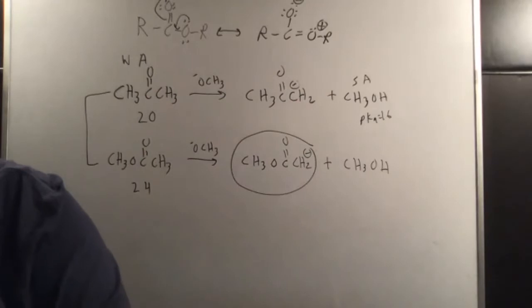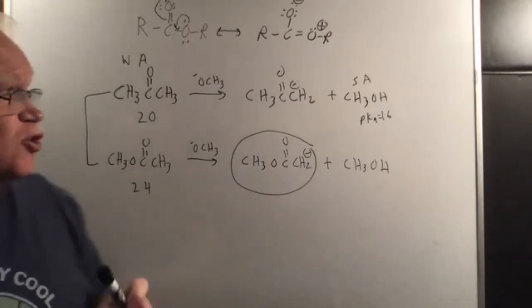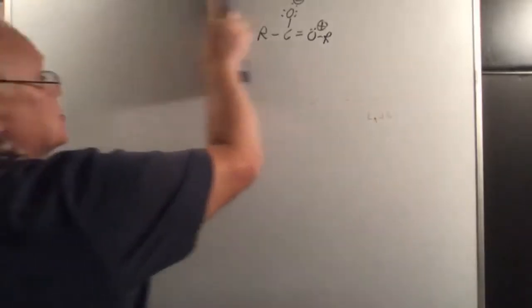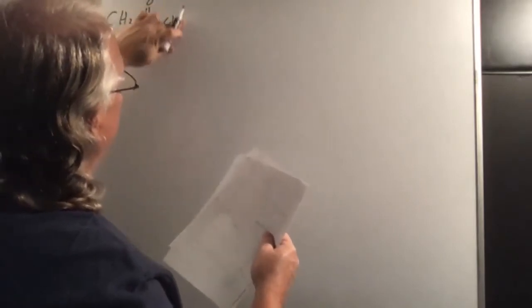So let's look at the reactions of esters whenever they undergo these condensation reactions. We had the condensation reactions of the ketones already. Now let's look at the esters. So what we have here is this compound. Now there's one difference in the reactions of esters.